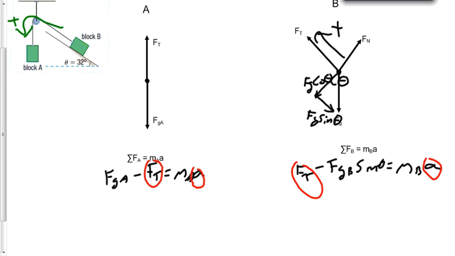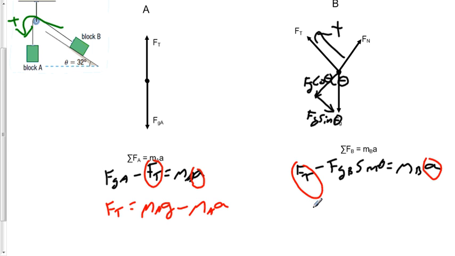Let's begin with this equation here. I can write this as Ft equals MAG minus MAA. Oh, hold on, sorry, I messed up my script for a second. So this should be MAG, that's better, minus MAA.